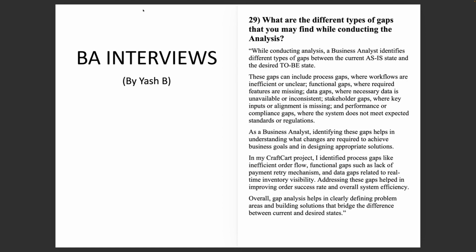For example, in process gaps, maybe the orders are written manually, causing delays and confusion. In functional gap, there is no live order tracking feature. Data gap would be customer order history is not stored properly. Technology gap would be the restaurant doesn't have an online ordering system. And performance gap would be during peak hours, orders are missed or delayed.